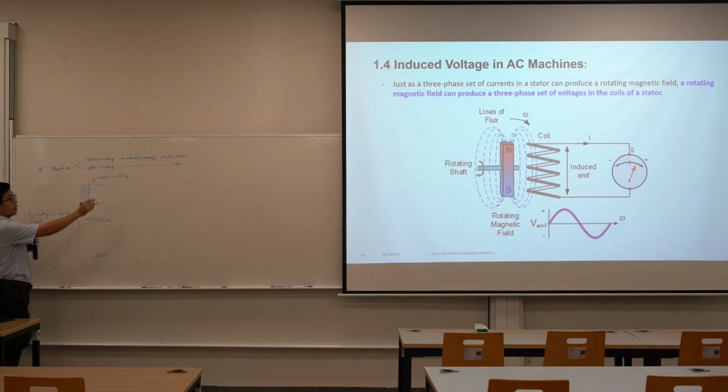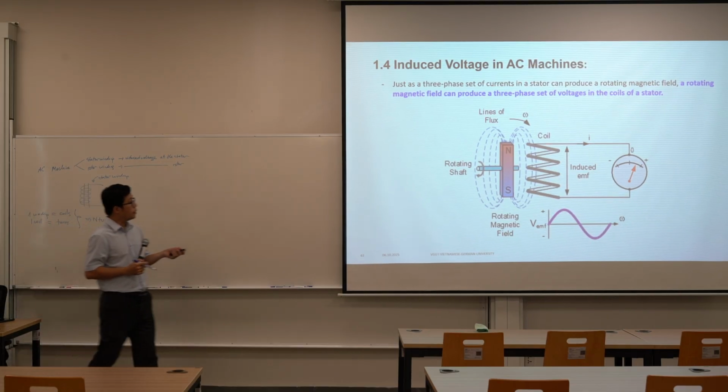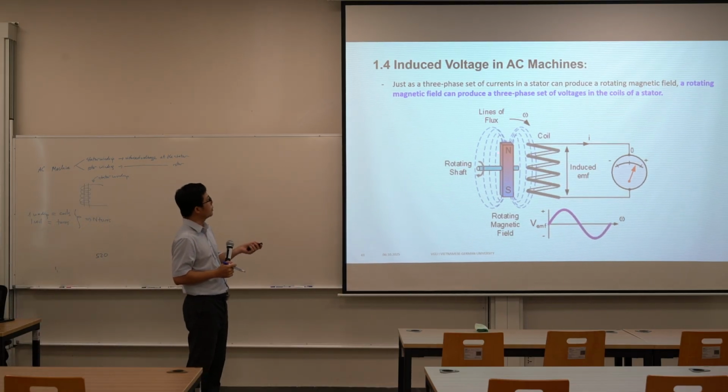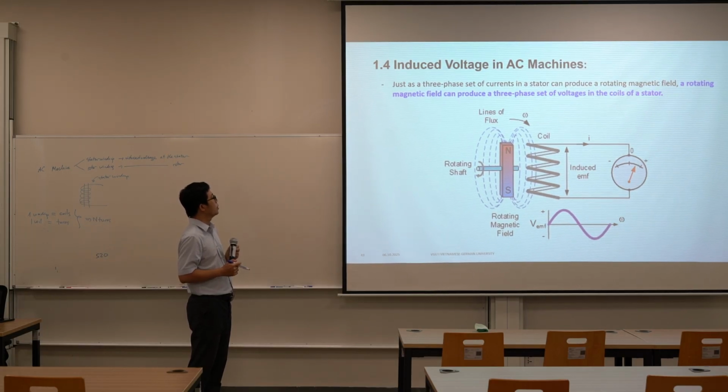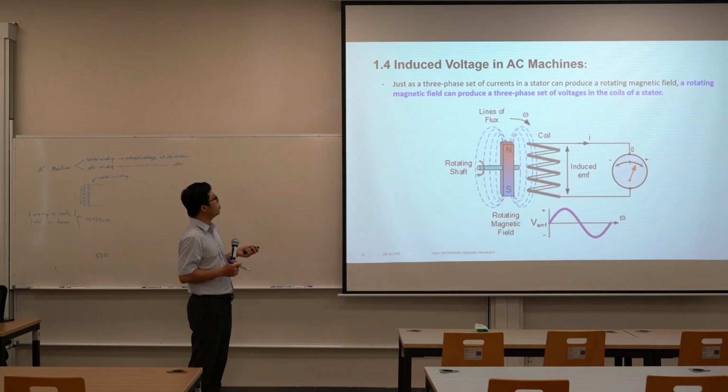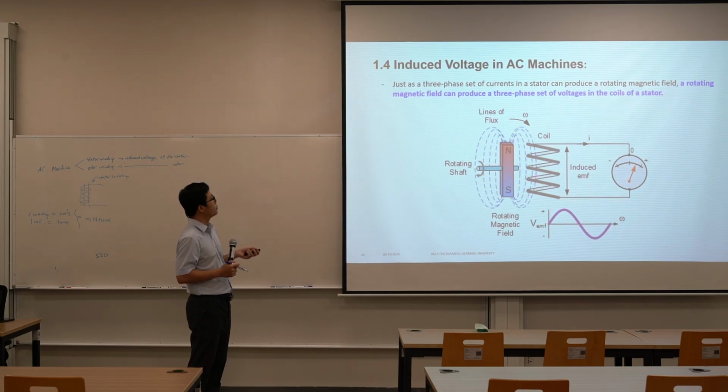If we have a permanent magnet like this one, we have north poles and south poles. This will generate a magnetic field, and when the magnetic field goes across the winding, it will generate the induced voltage.